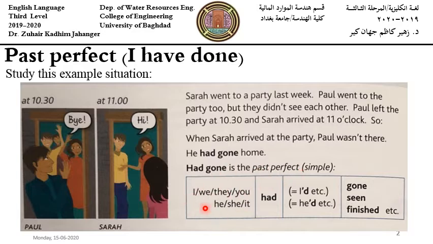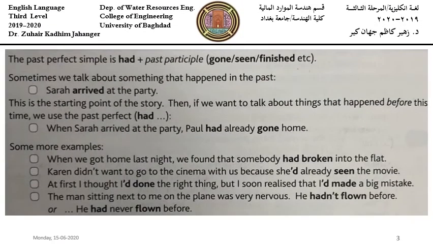All these subjects use the verb had, or we can write it as I'd, etc. And the verb will be gone, seen, finished, from go, see, finish, etc. So the past perfect simple is had plus past participle, like gone, seen, finished, etc.